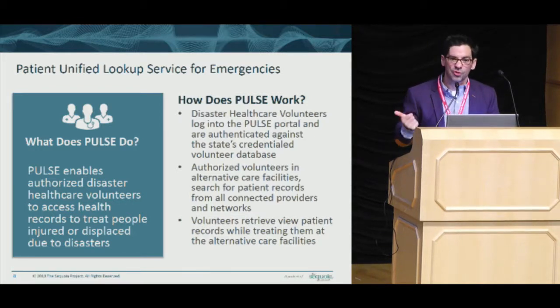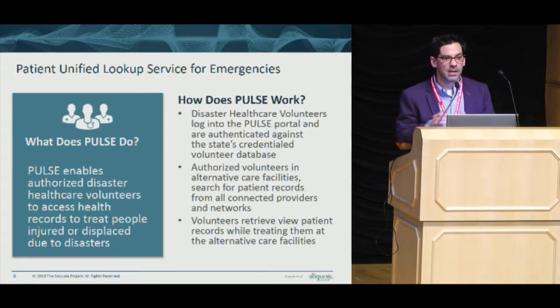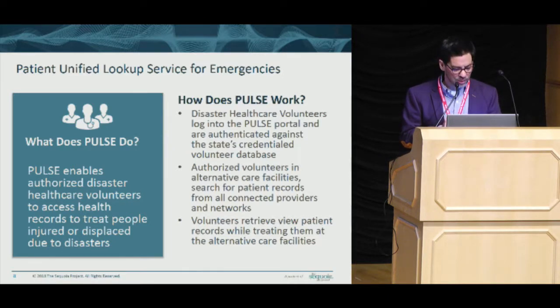So they're in a church, or a school gymnasium, or a tent. And credentialed volunteer clinicians arrive. They use the Pulse application, which leverages the FHIR directory, and they use that to pull medical history so that they can more safely and effectively treat the patients.